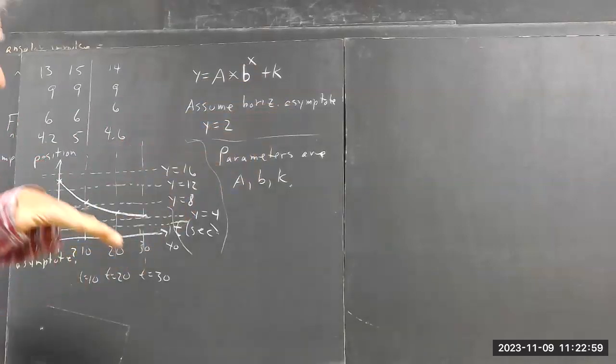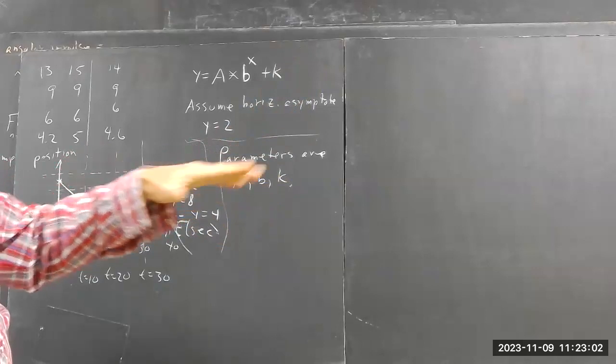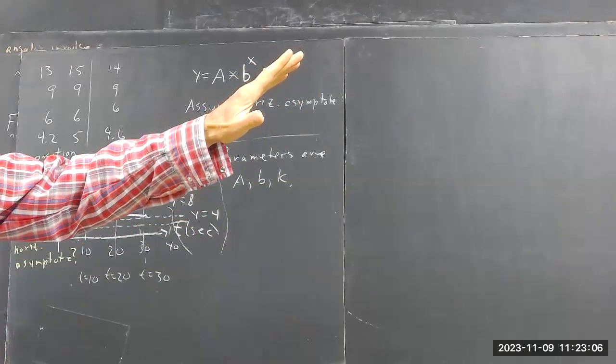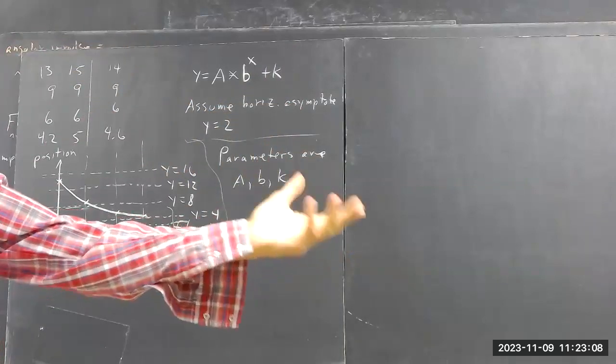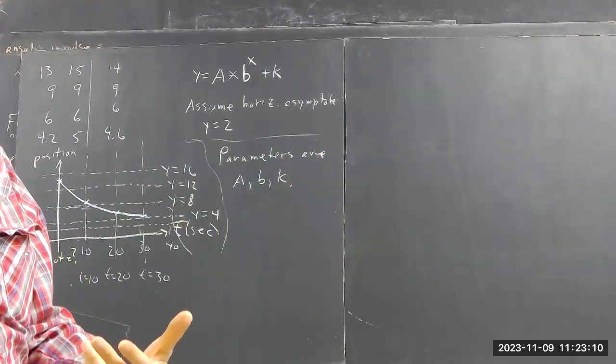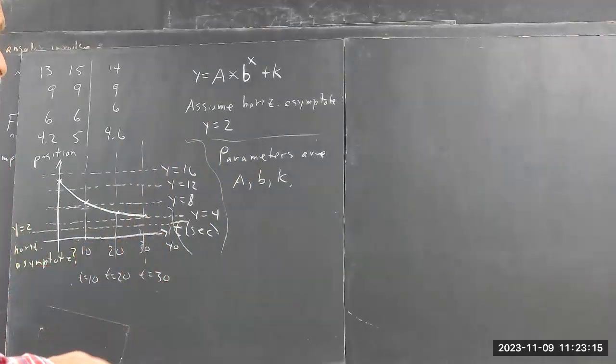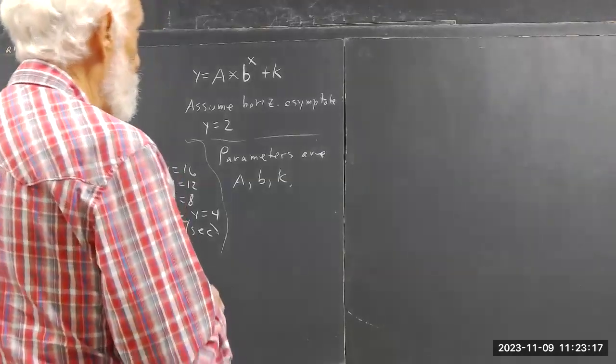Think, 2 to the x looks like this, right? What's 1/2 to the x look like? It looks like 2 to the x reflected through the y-axis. So let's sketch a little picture of that.